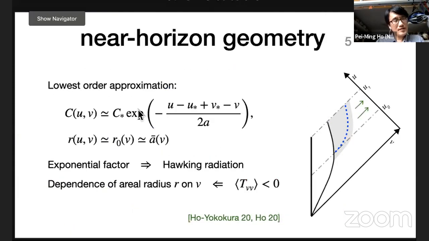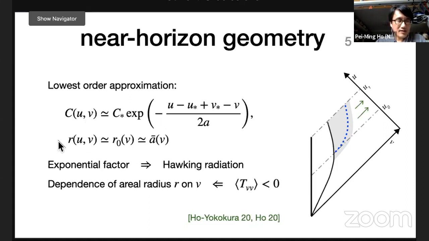Okay. That may be a little bit too much to remember, but to understand qualitatively what I'm going to say, it's enough to remember this lowest order approximation. Earlier I had the conformal factor expressed as an integral of u and an integral of v in superposition, but over a sufficiently short period of time, the Schwarzschild radius doesn't change too much. So this is still a good approximation, the same as the Schwarzschild solution.